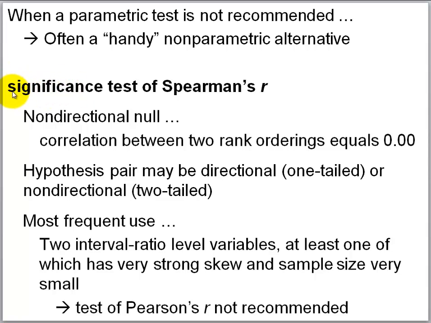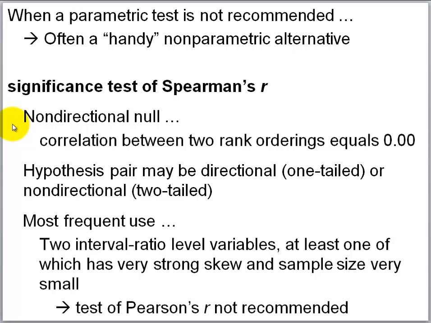So for instance, the significance test of Spearman's R is a non-parametric test. It can have directional or non-directional hypothesis pairs. A significance test of Spearman's R examines the correlation between two rank orderings.